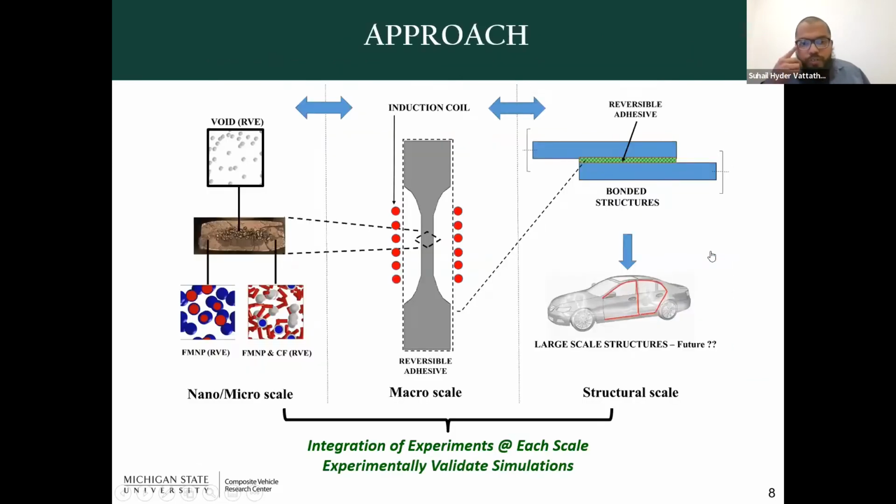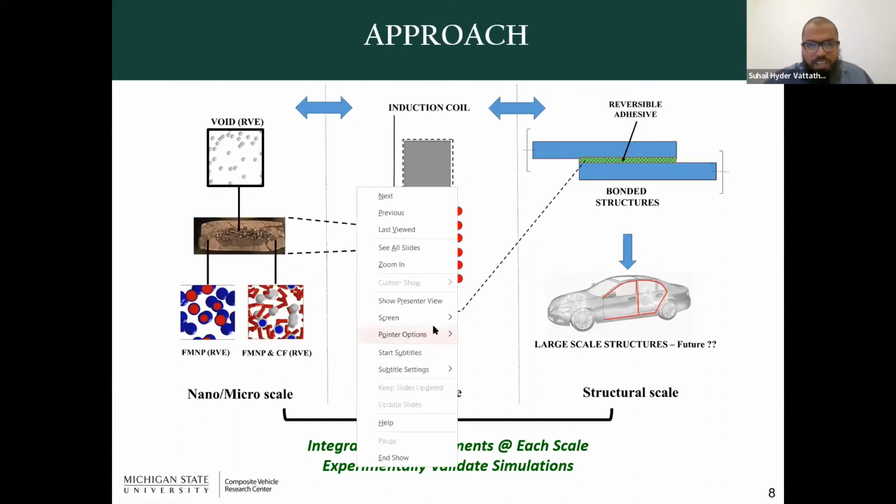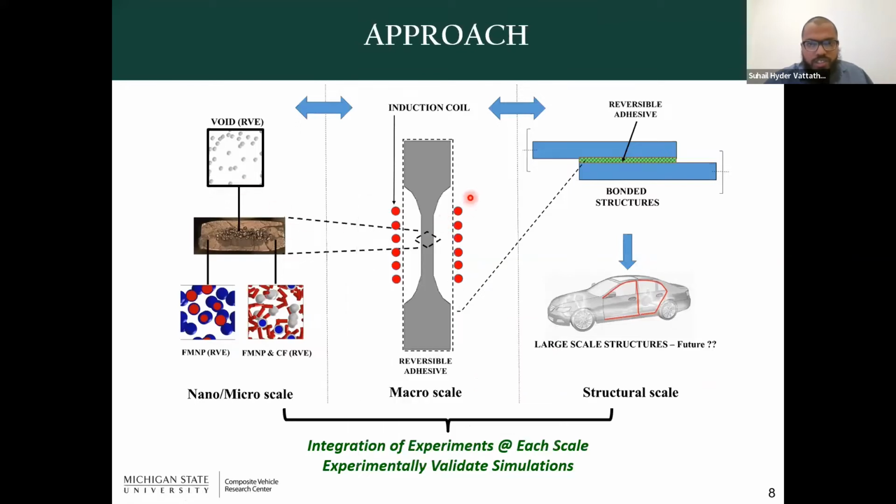Now, the approach of this particular project is integration of both the experiments, and at each scale, we have experimentally validated computational models. For instance, over here, you have the reversible adhesive tensile coupon, and this is the fracture surface of it. And you can see there are voids trapped in, and you have nanoparticles of ferromagnetic ferrites, and you have micro to nanoparticles of carbon fibers.